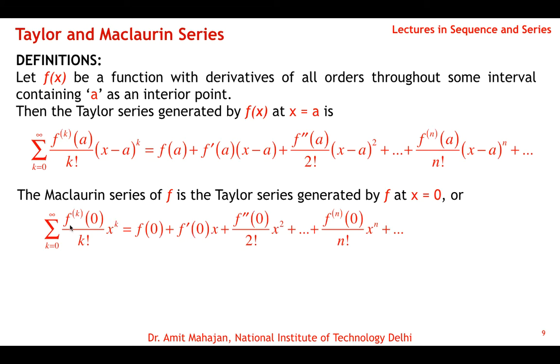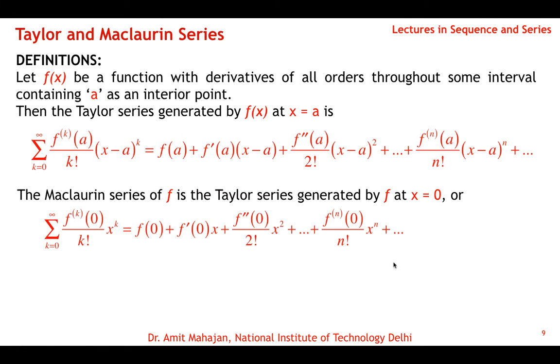If you expand this, it will be the function value at the origin plus the first derivative of the function at 0 times x plus the second derivative of the function at 0 divided by 2 factorial times x square plus so on, the function's nth derivative at 0 by n factorial times x to the power n plus so on.